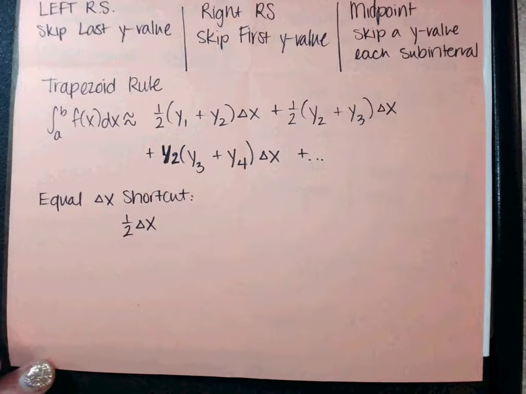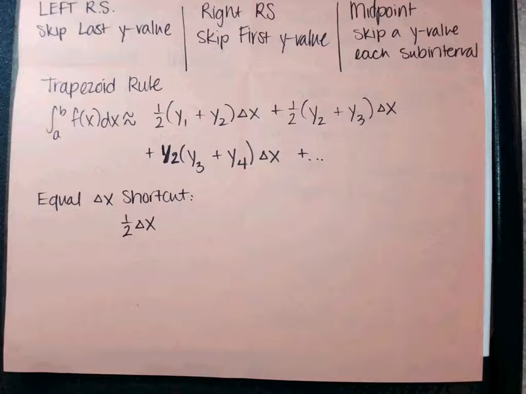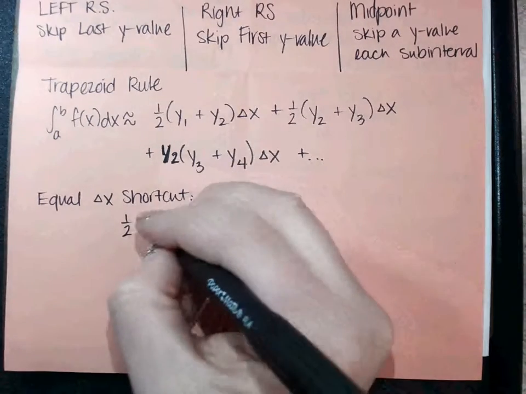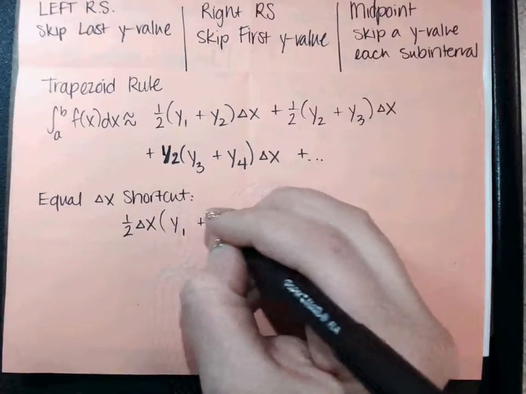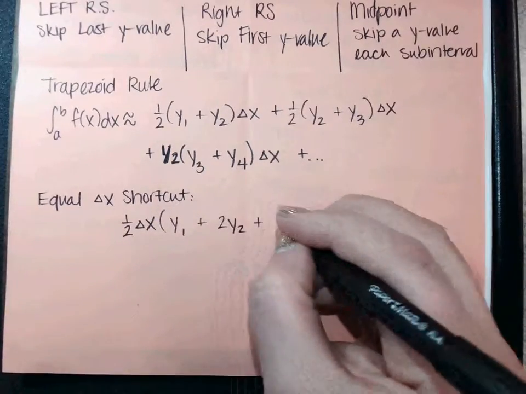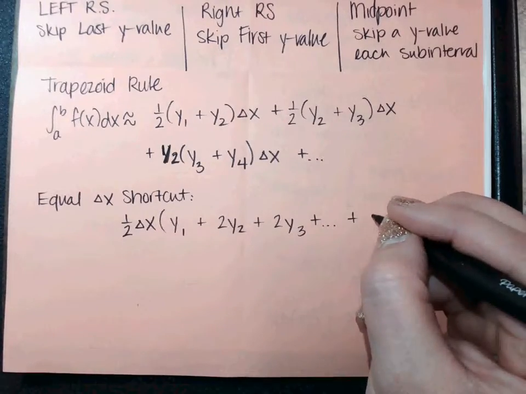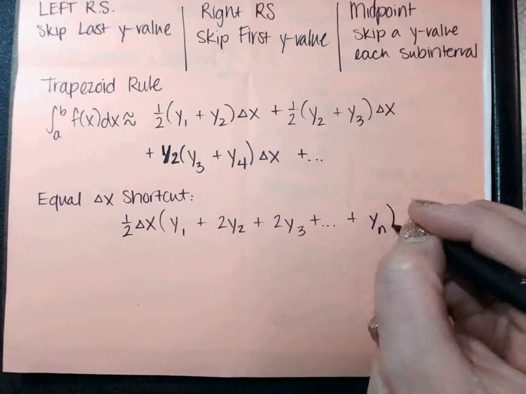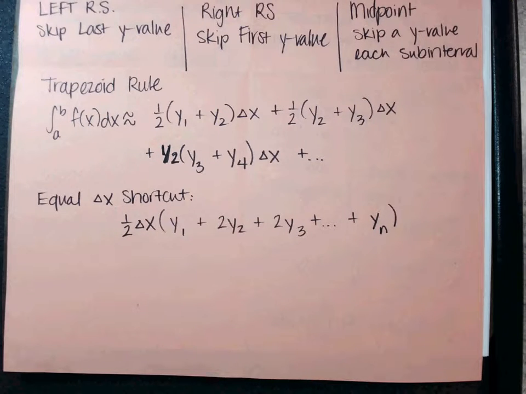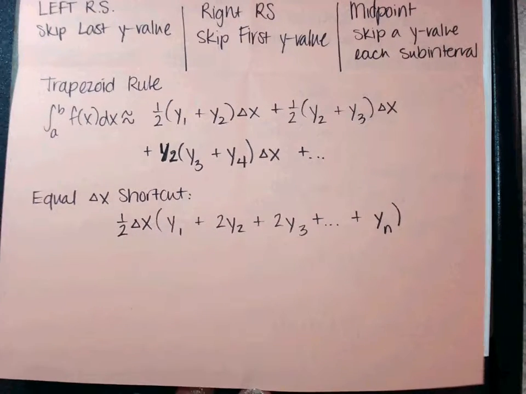The first one and the last one are only in there once, but do you remember all the middle ones get doubled? Okay, so you'd have y1 plus double y2, double y3 plus dot dot dot, and then only one yn, where n we would say is the last one. And remember that we talked about why that is. If you want to go back and look at the notes, or I'm happy to explain it to you again. Okay, but that's the general idea.